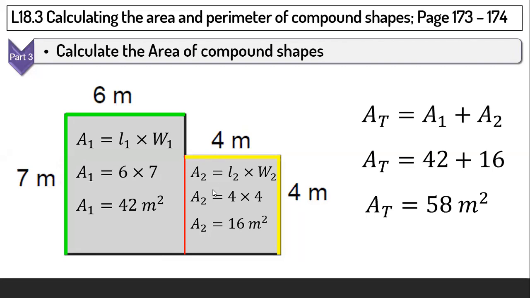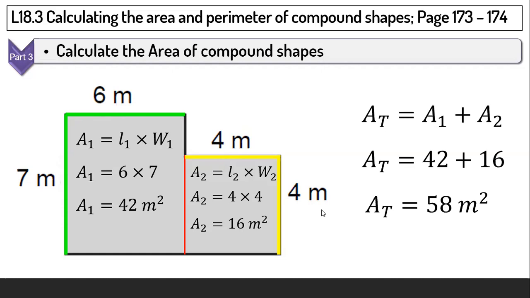Then add them together, that's all. And in this question, I didn't need to find the missing sides because I need my length and my width for the first rectangle, and they are known. For the second one, they are also known, 4 and 4. Okay? It will be clearer in the next example.